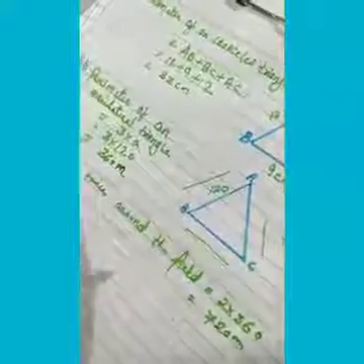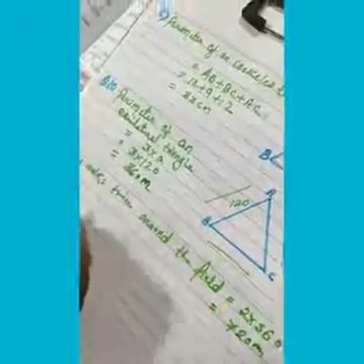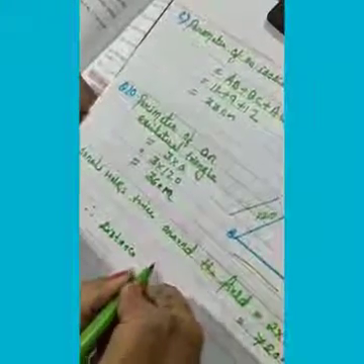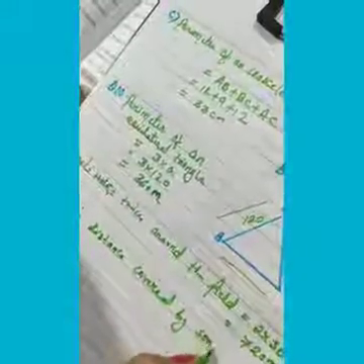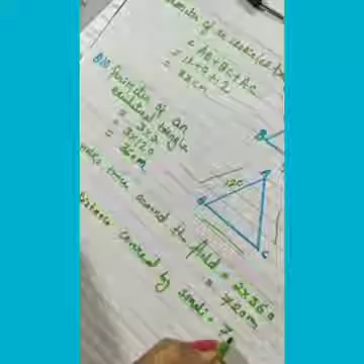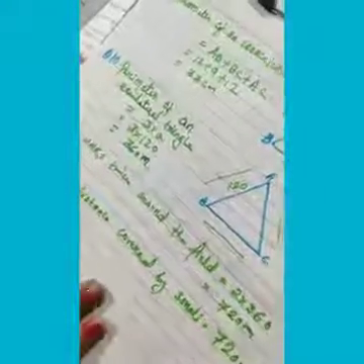Lastly, you have to write, therefore, the distance covered by Sonali equals 720 meter.